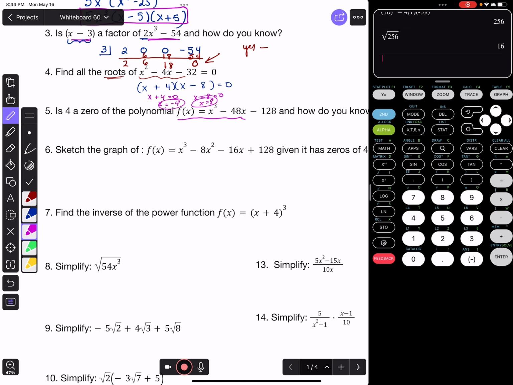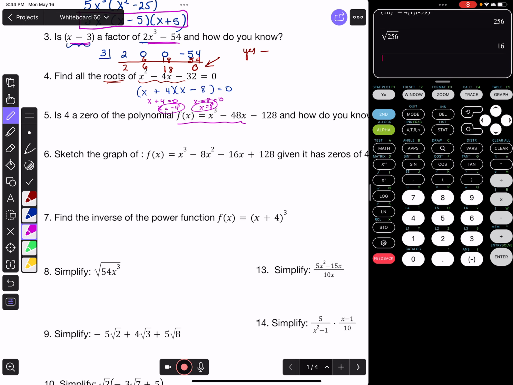Question number 5. Is 4 a 0 of this polynomial right here? All we have to do is, we could use synthetic again. You'd put the 4 in the box here, because that's what you'd be testing, and put down your coefficients. 1, there's 0x squareds, there is a negative 48x and then minus 128.